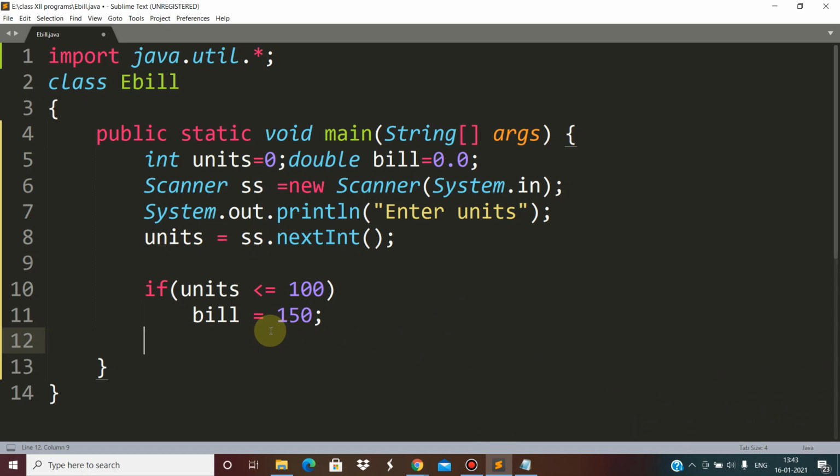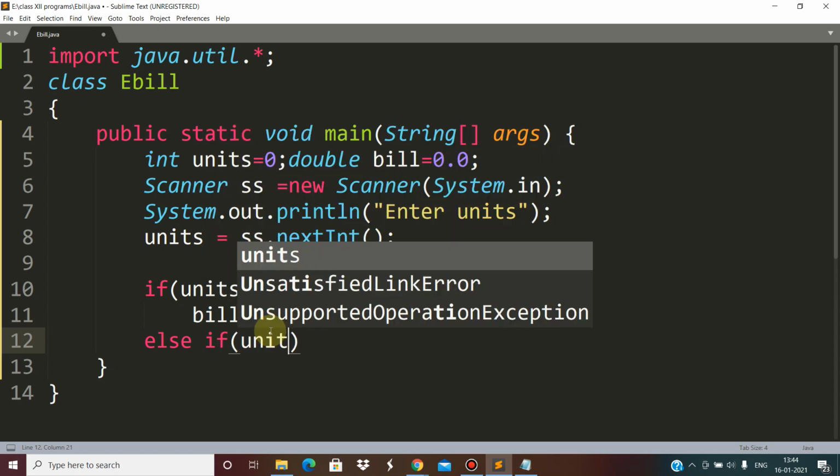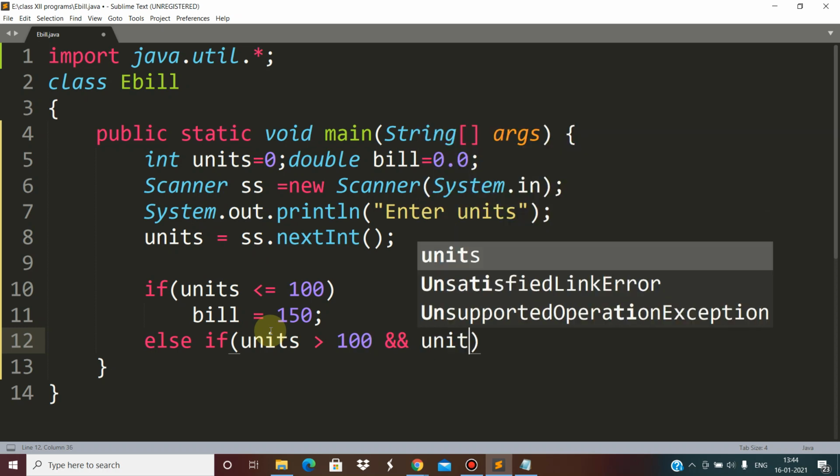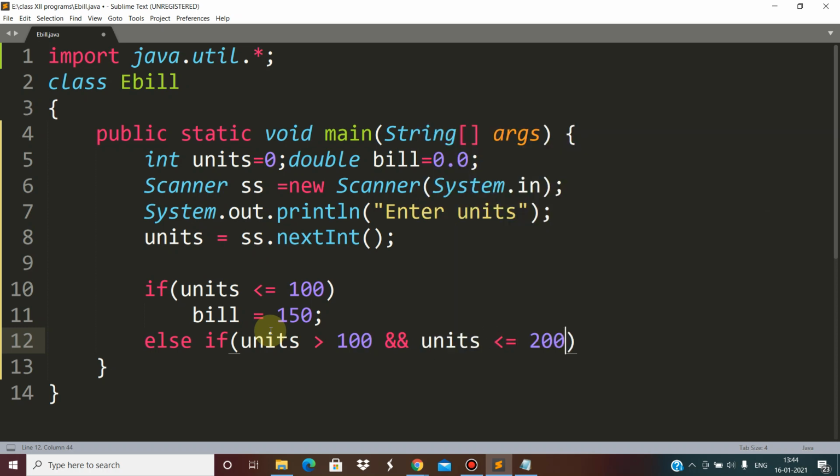Sir, if units are more than 100 and less than 200, then else if. You can write this. There are two ways. If units are more than 100 and units are less than or equal to 200, this you can write. After that I will tell you there is a short form of this statement also.